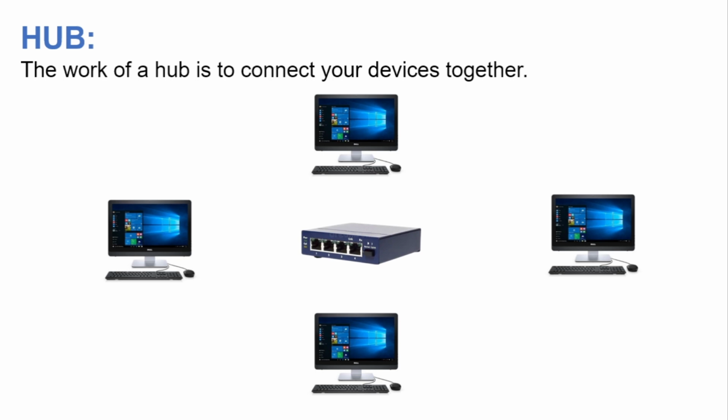Let's look at this diagram below. So I have host A here, host B, host C, and host D. This is my hub. This hub connects these 3 computers together.